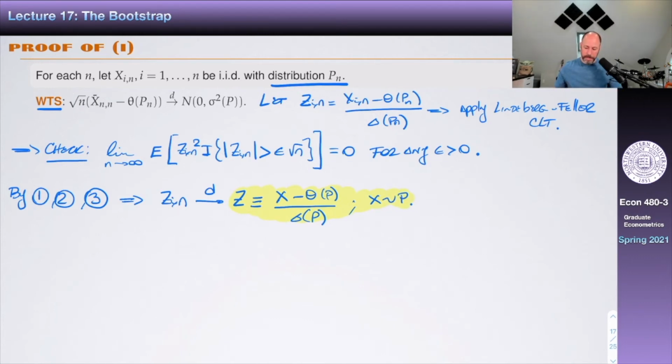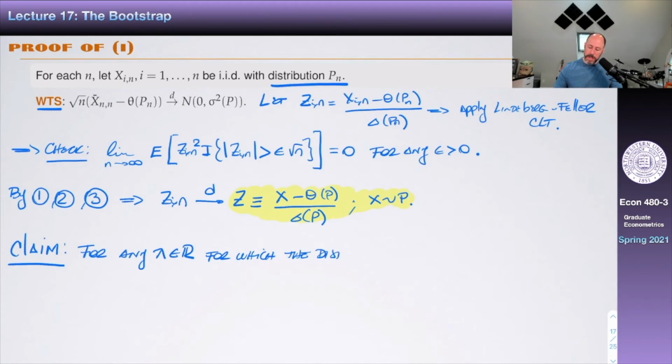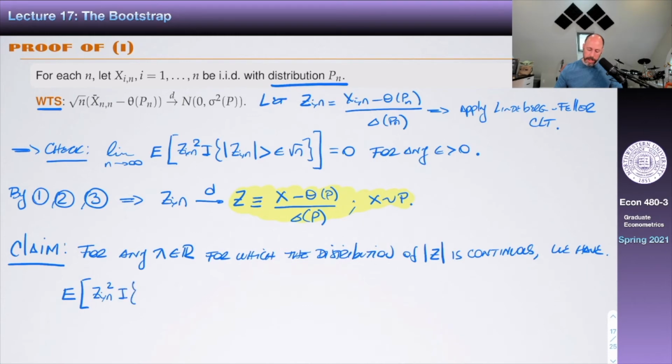And so the claim that I'm going to write here is that for any lambda in the real line for which the distribution of the absolute value of z is continuous, we have the expected value of z_n squared times the indicator that the absolute value of z_n is greater than lambda converges to the same expectation where z_n is replaced by z.